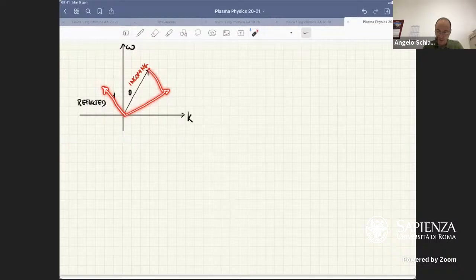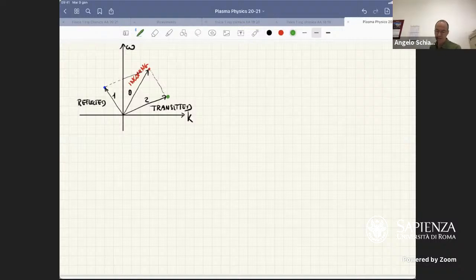So if we use the parallelogram rule, we can project this back here, and this is going to be the second wave, which is the transmitted wave. We give it a green color here, for instance.